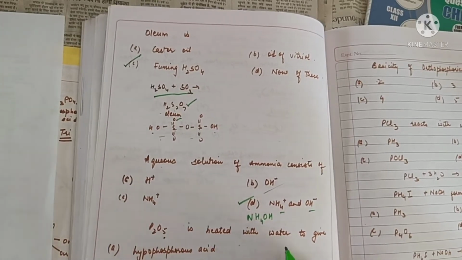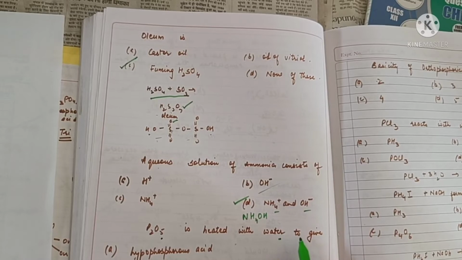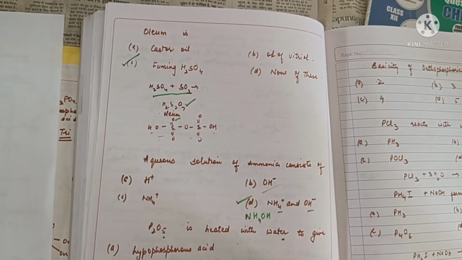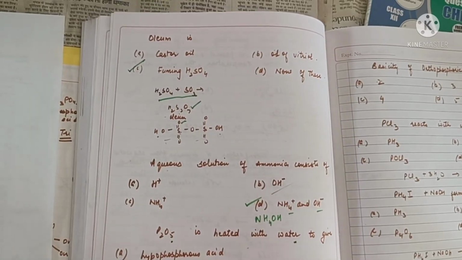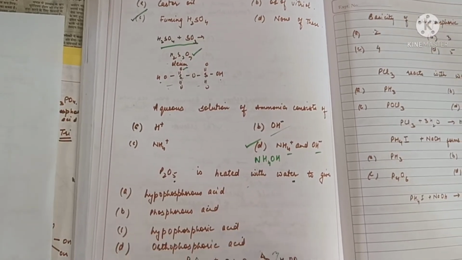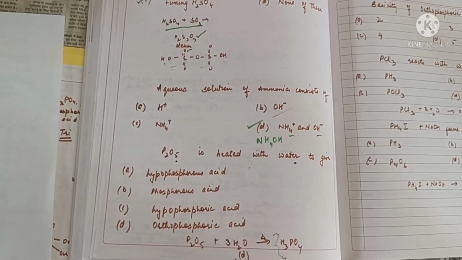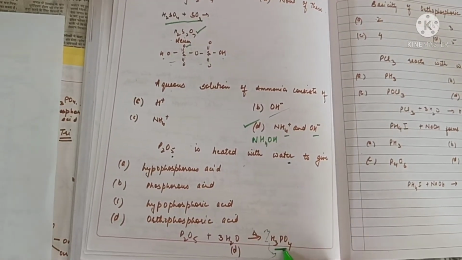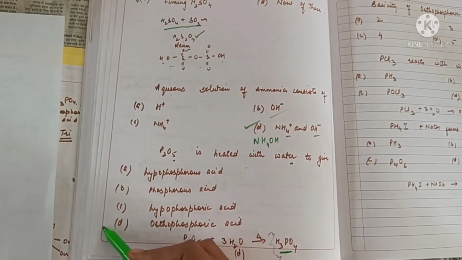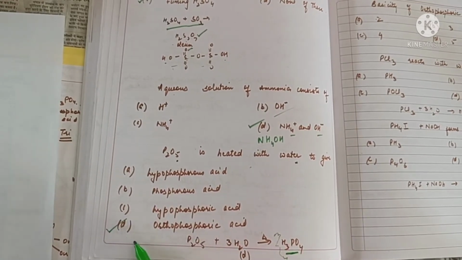Phosphorus pentoxide is heated with water; the phosphorus pentoxide and water react to give phosphoric acid. So orthophosphoric acid, option D, is the correct answer.